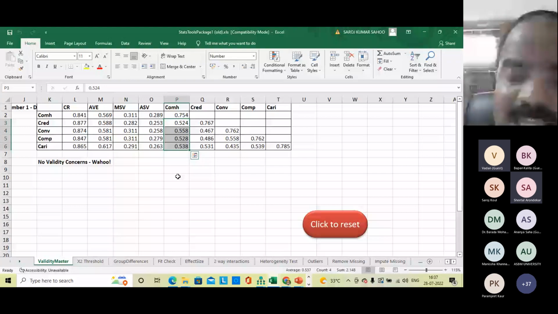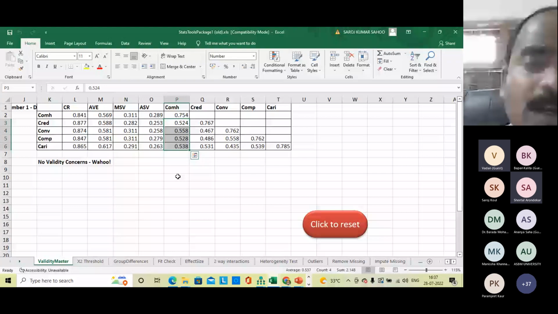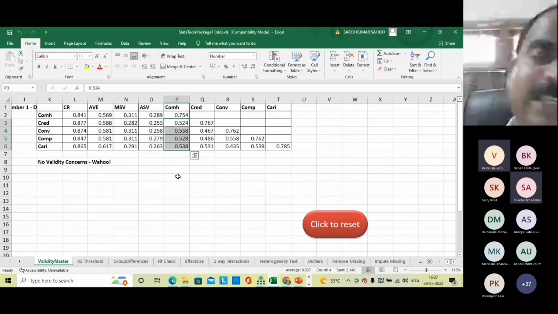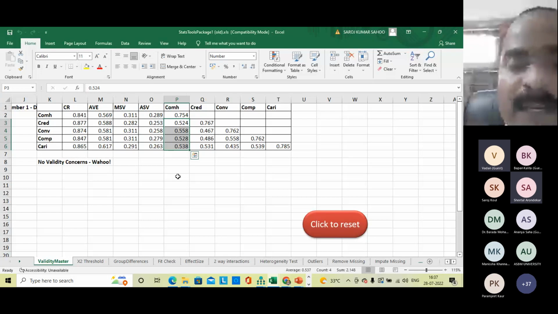These four are the off diagonal values for comprehension: 0.524, 0.558, 0.528, 0.538. These four values must be less than the square root of AVE. The square root of AVE for comprehension is 0.754, and these are all lesser than 0.754.